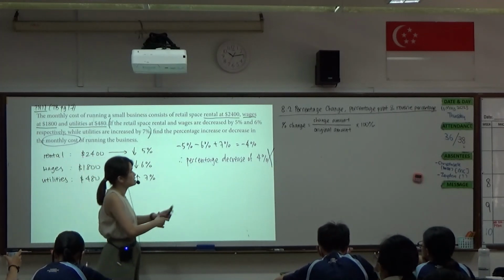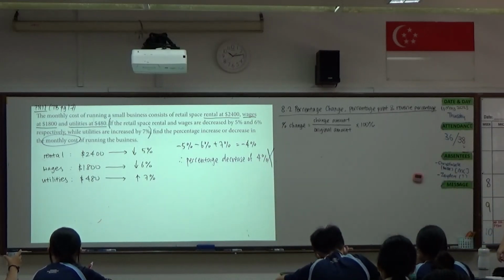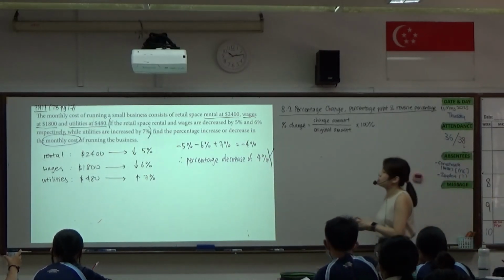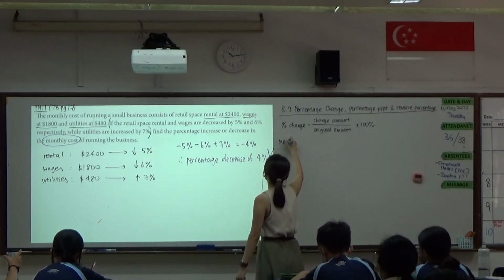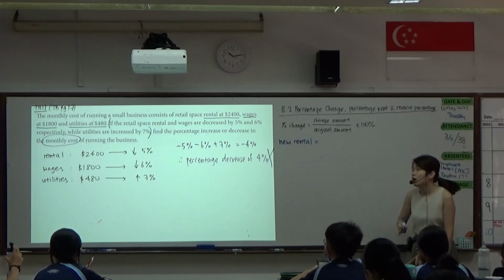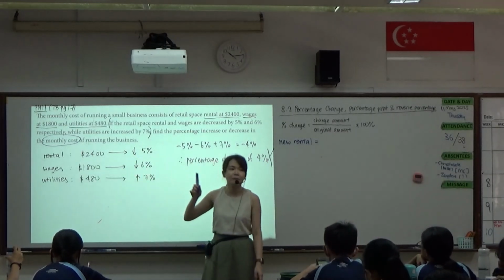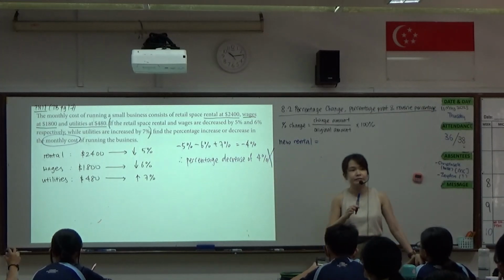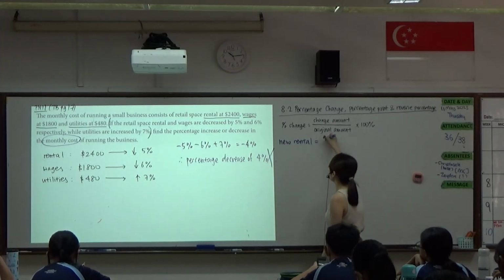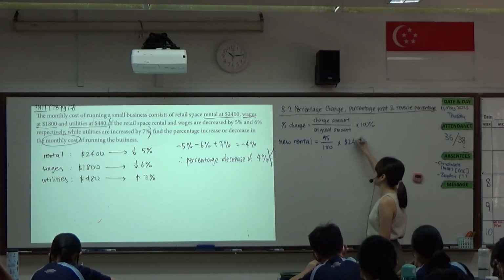So the working is definitely more than what I have oversimplified in this case. So we find out what is the new rental cost? Originally it is 100%, decreased by 5%, how much would that be? How many percent is that? 95, right? So I find 95% of your $2,400.